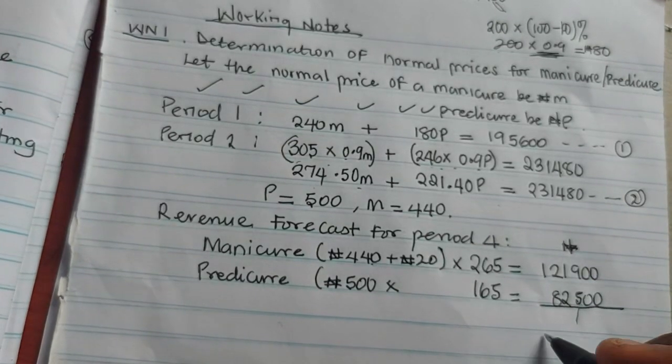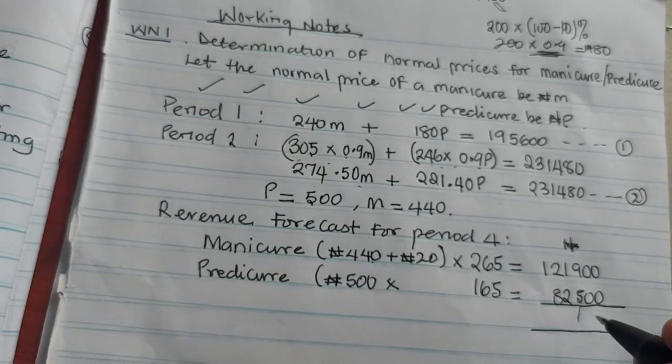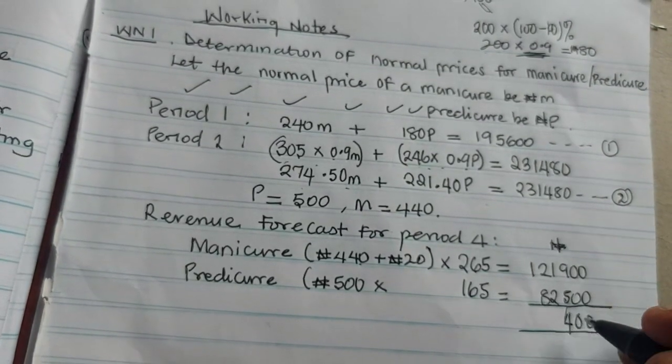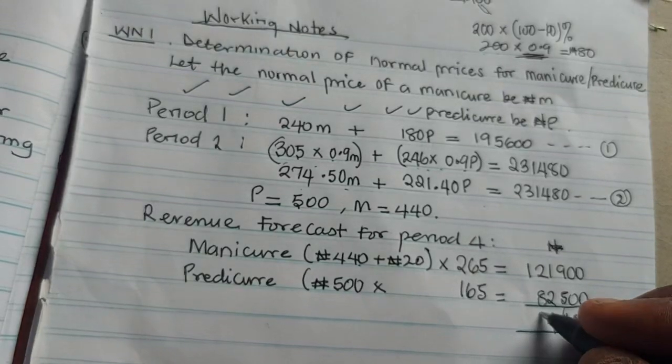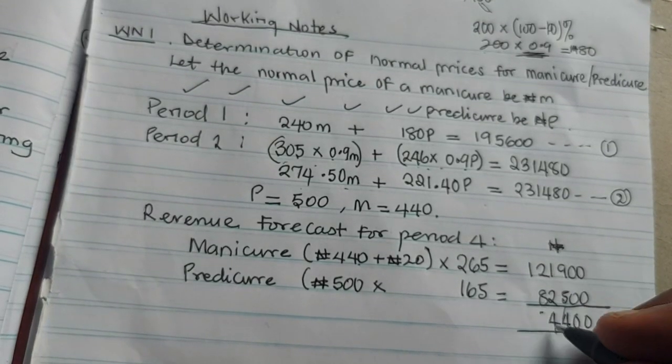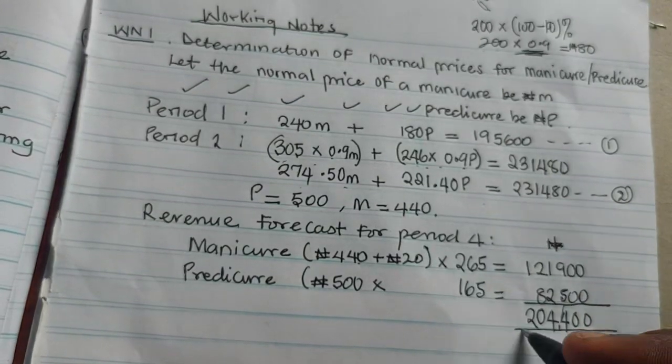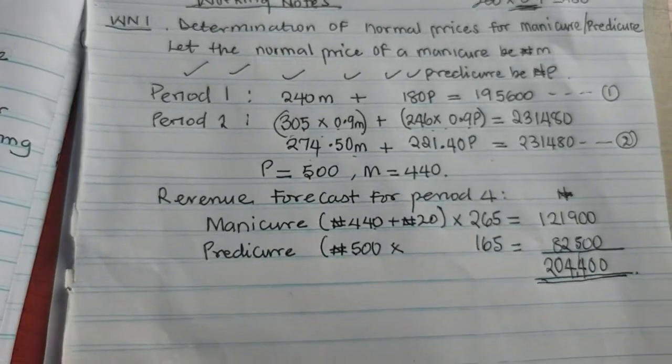So our total revenue for period 4 is 204,400. So that's the total revenue.